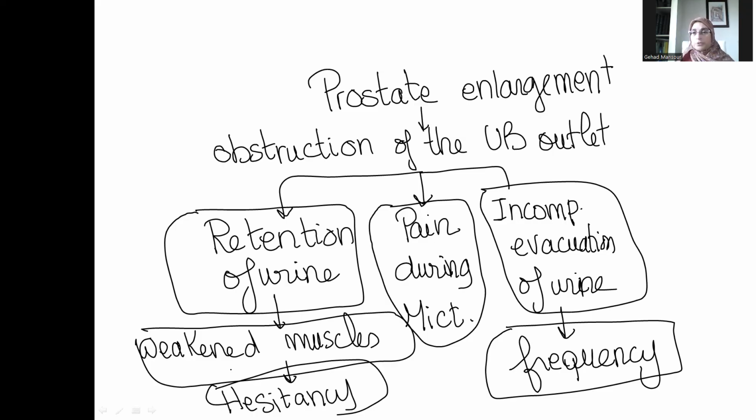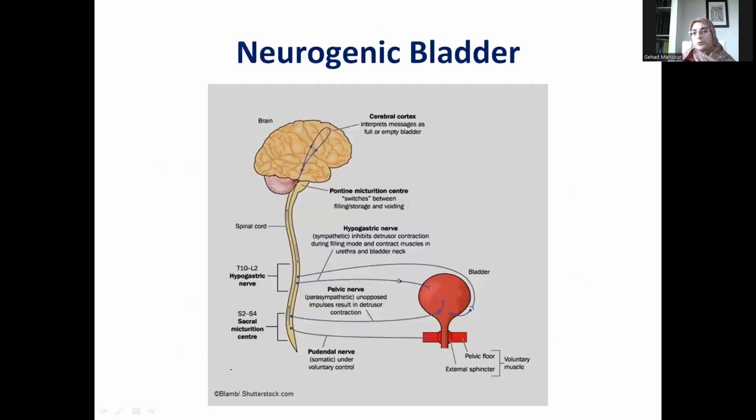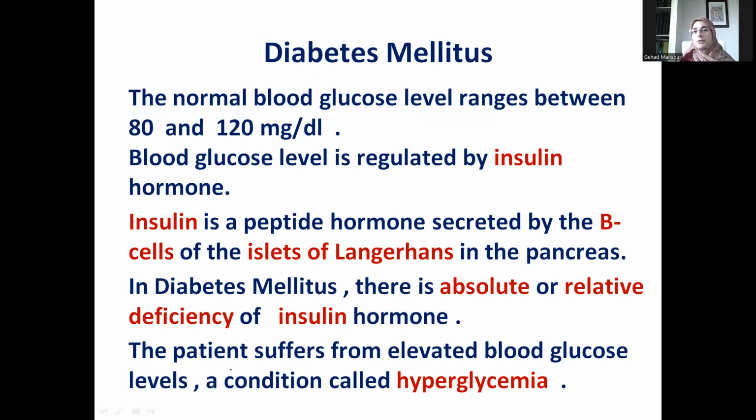Of course, because the urinary bladder shows retention, then there is pain. And because there is incomplete evacuation of urine, the patient will always have the need to go frequently to the bathroom. Now, mostly the treatment of prostatic enlargement is through surgery or laser.